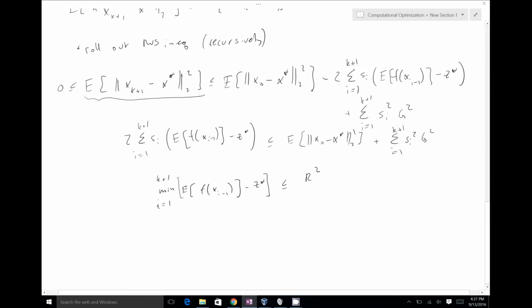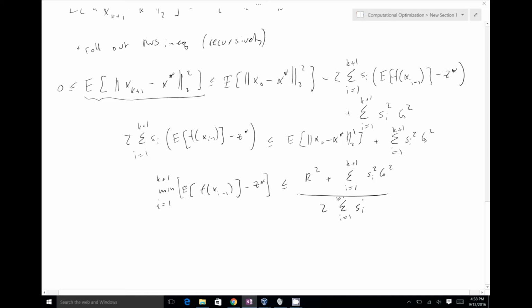So that's where I got the r squared. Then we have this summand from i equals 1 to k plus 1 of s_i squared g squared. And then on the bottom, we have 2 times the sum from i equals 1 to k plus 1 of s_i. Okay?